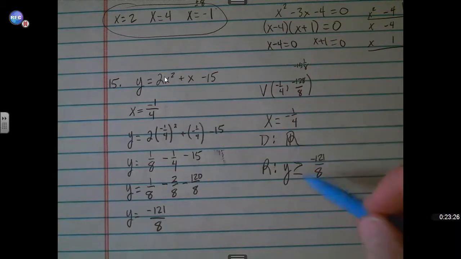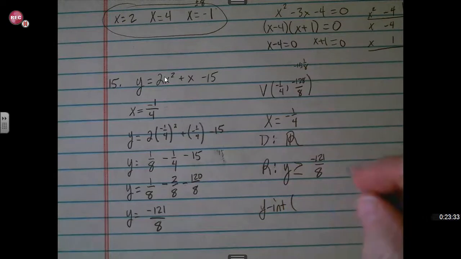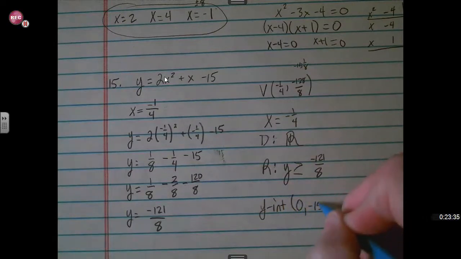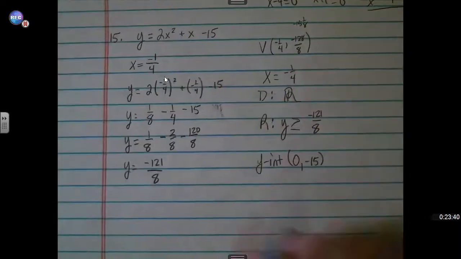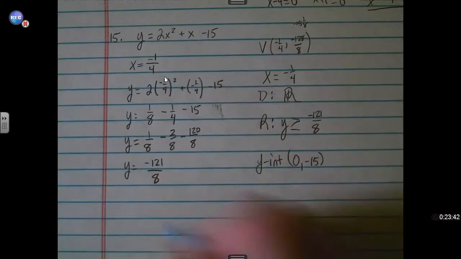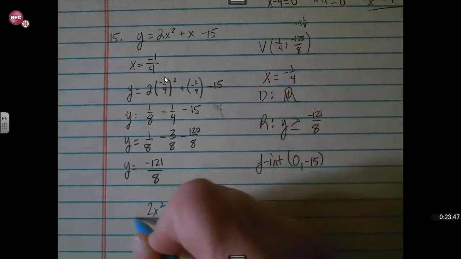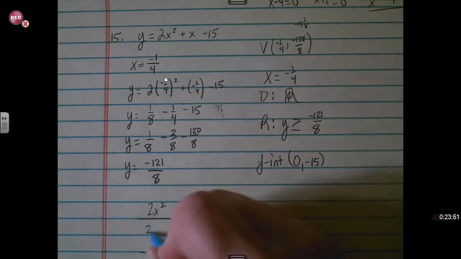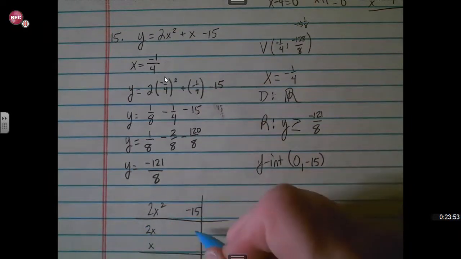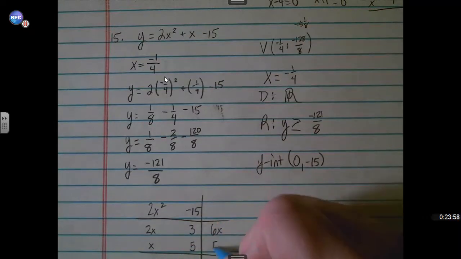So let's see, domain, range, intercepts. The y-intercept is 0, negative 15, and then the x-intercept, I don't know if this thing factors. No. It looks like it might. 2x squared, negative 15, 2x and x, 3 here, 5 here, gives me 6x and 5x.